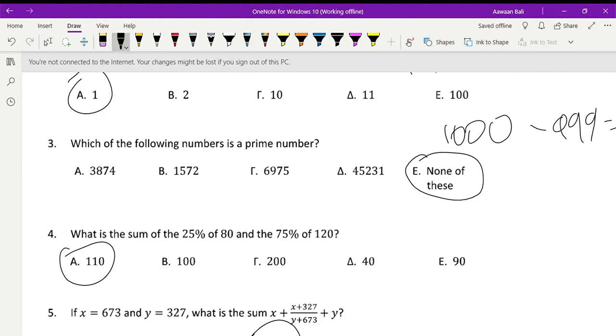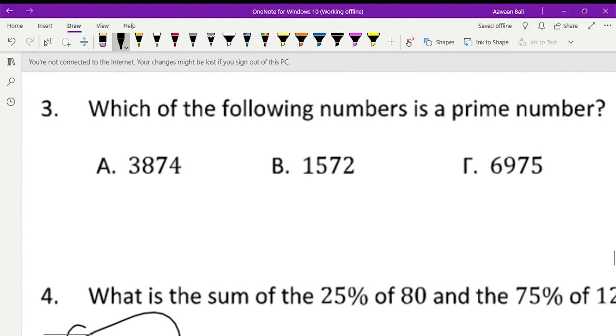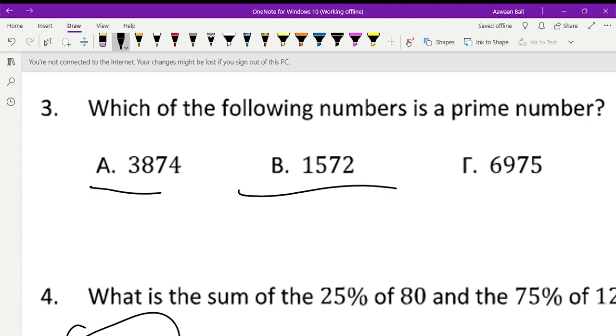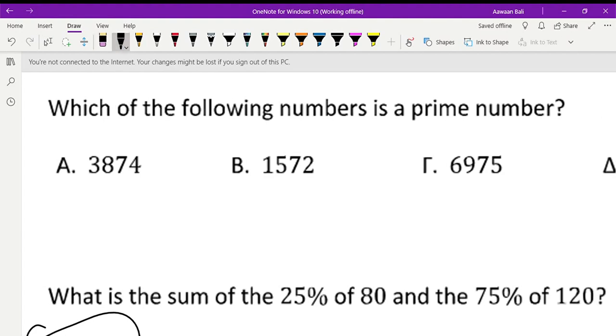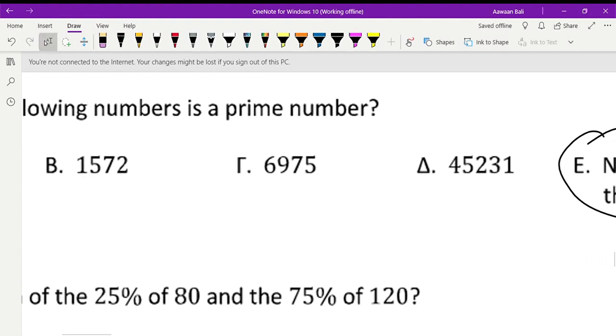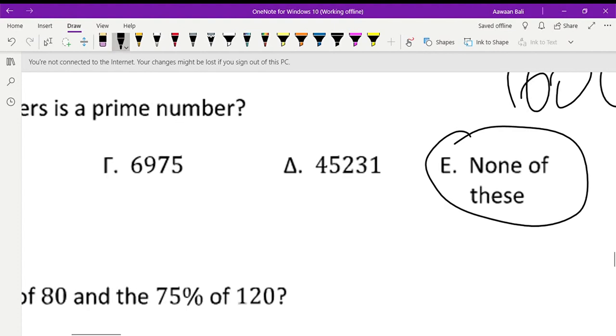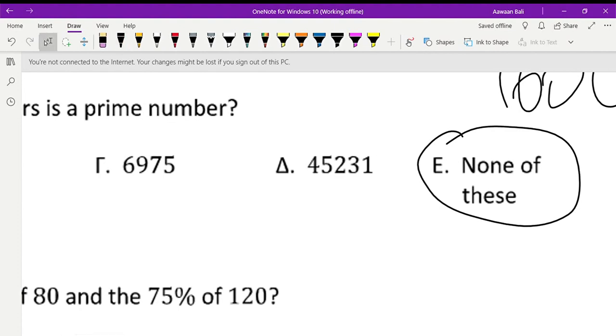Okay, so it's actually none of these, because when you look at alpha and beta, they end in 2 and 4, which means they're divisible by 2. And also gamma ends in 5, which means it's divisible by 5. Meanwhile, delta is divisible by 3, because the divisibility rule of 3 is that if the sum of the digits is a multiple of 3, then it's divisible by 3.